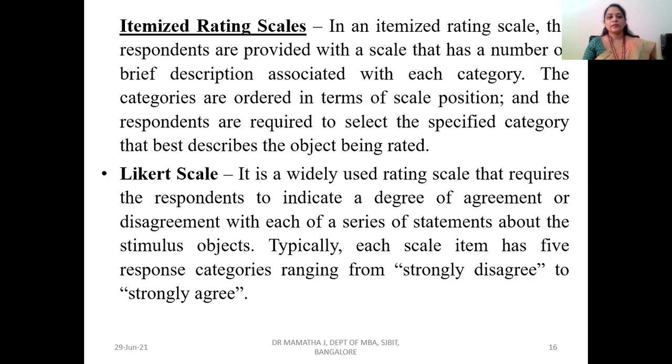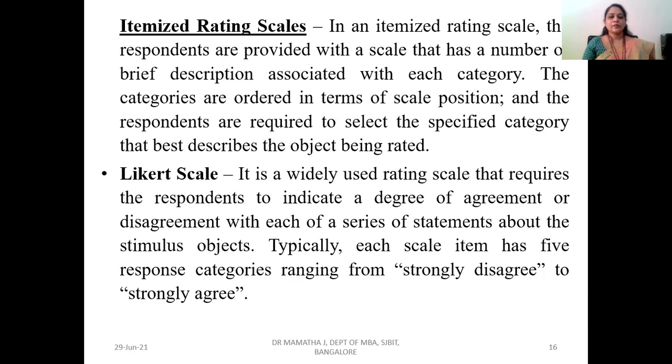Among these itemized rating scales, we have the very advanced and most popularly used scale, the Likert scale. The name goes after the person who invented the scale. The Likert scale is sometimes also called a summative scale. It is a widely used rating scale, as I told you, which requires respondents to indicate the degree of agreement or disagreement with a series of statements about the object.